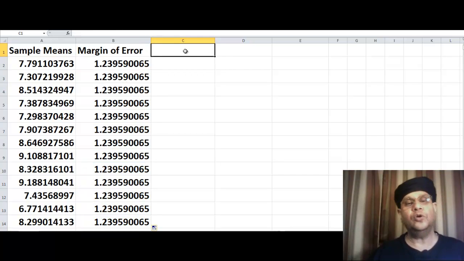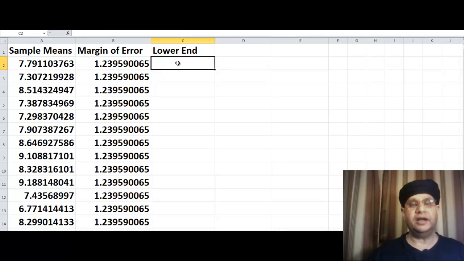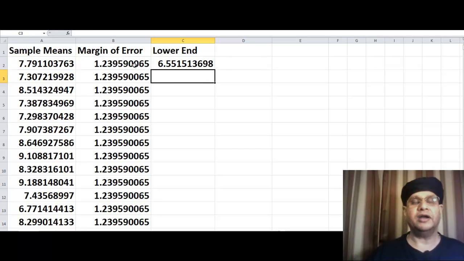Now here we are going to write the lower end point and the upper end points of our confidence intervals by subtracting the margin of error and adding it. So here is the lower end of that interval, and how do we obtain it? We just look at the sample mean and subtract the margin of error.